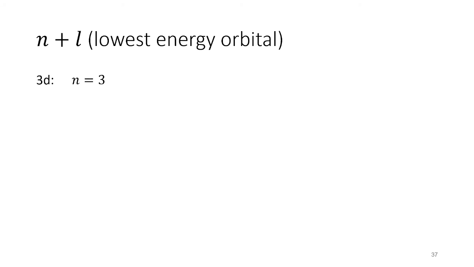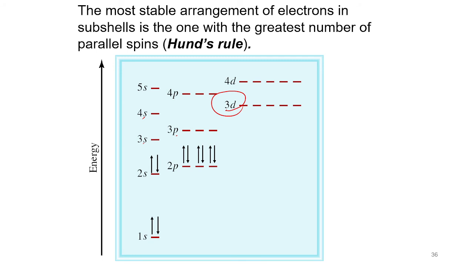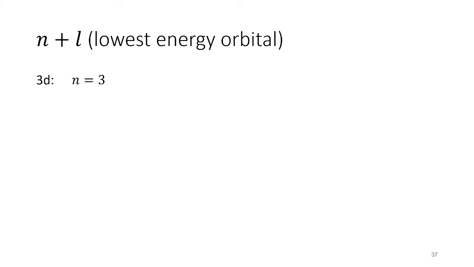So, for example, we are to compare 3d with 4s. Why do we need to compare that? Just to see which of the two comes first in the energy levels. So we have here 3d, which has an n equal to 3, and 4s with n equal to 4. d has an l value of 2, and s has a value of 0.